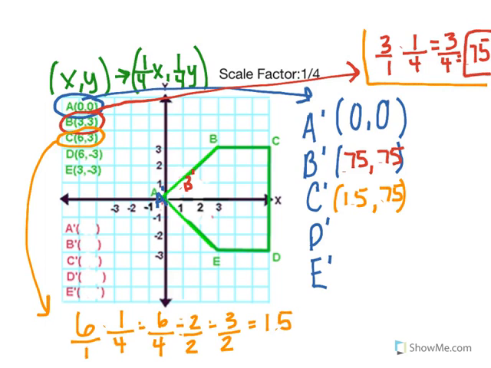So I'm going to go over here to my graph and look at the x-axis, and I'm going to look a little bit past 1 because I'm looking at 1.5, and then I'm going to go up 0.75. So my coordinates should be about right here. So that would be C prime. So if you start to connect the figure, you can see that this figure is going to be smaller.